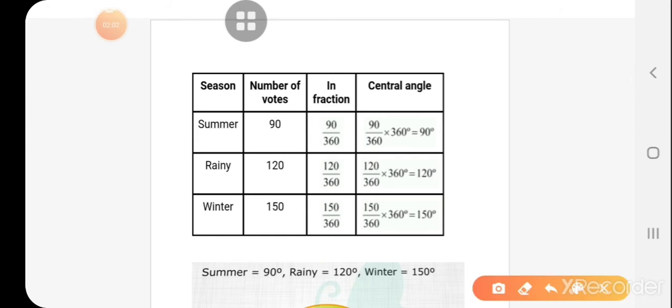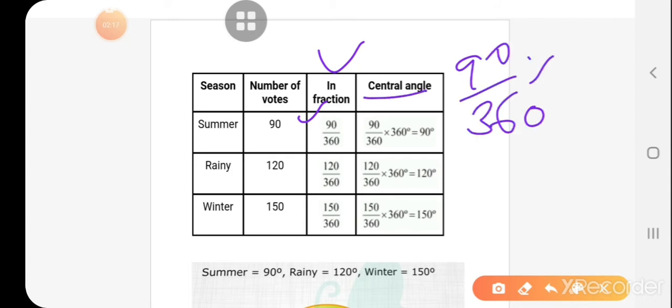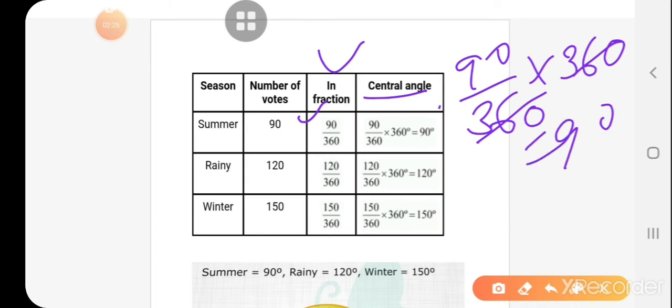Now with the help of this fraction, you have to change it to a central angle. To make it a central angle, you just have to multiply the fraction with 360. Here the fraction is 90 by 360, so to make the central angle, multiply it with 360, so it will be cancelled and you will get only 90 degree. This is the central angle.